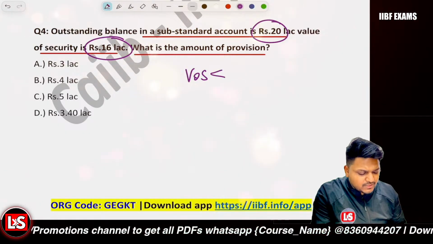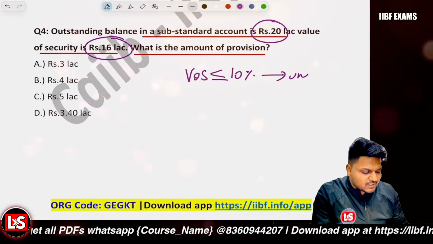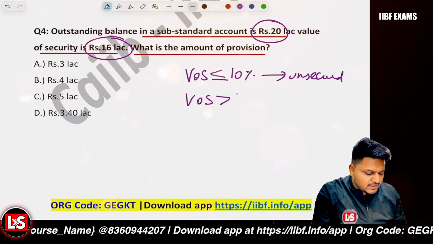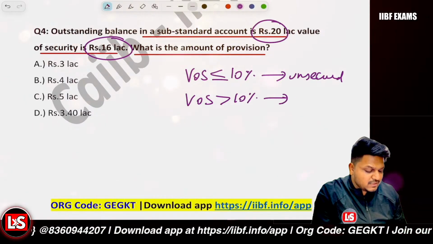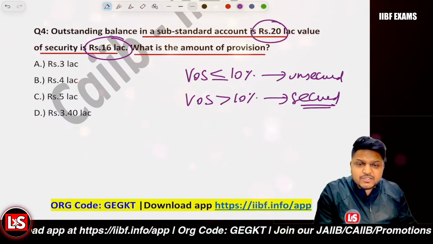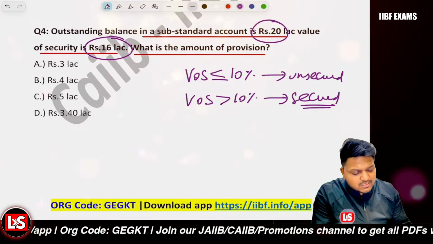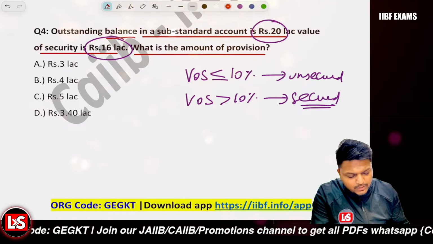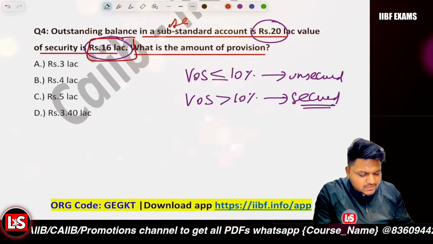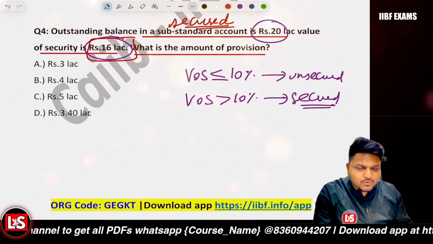If the value of security is lesser than or equal to 10%, then it is a case of unsecured substandard account. And if value of security is greater than 10%, then we say the account to be secured. 10% of the outstanding balance is 2 lakh rupees. So definitely the value of security is way above 2 lakh rupees, so it is a secured substandard account.